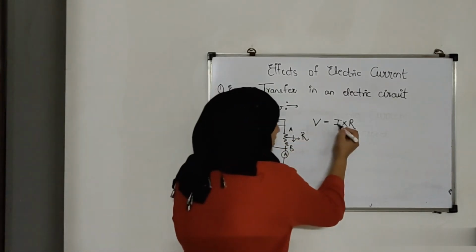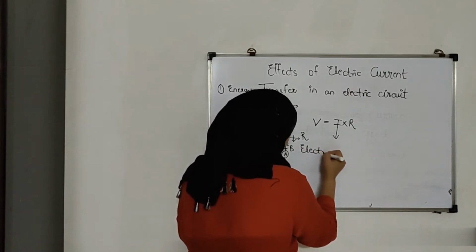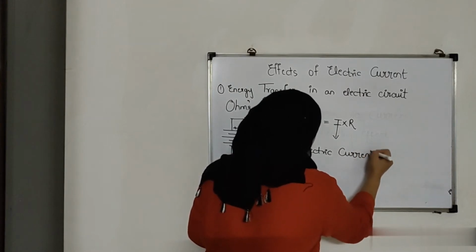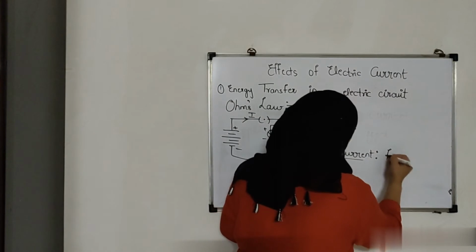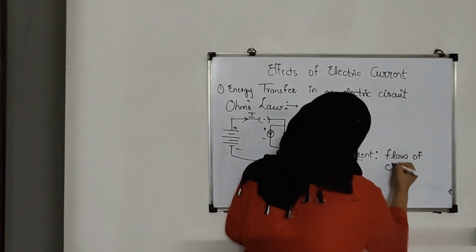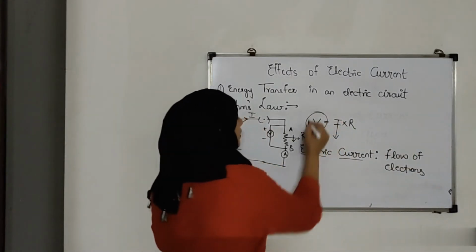Now what do we mean by the current? What do I mean by the term electric current? See, the flow of electrons is nothing but the electric current. Fine. Now what is my voltage?